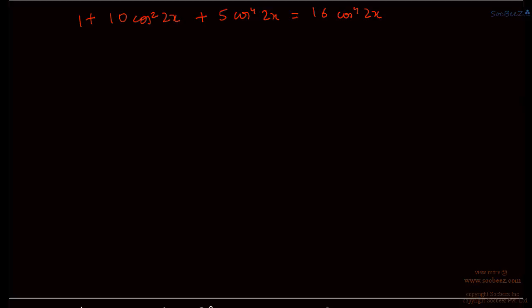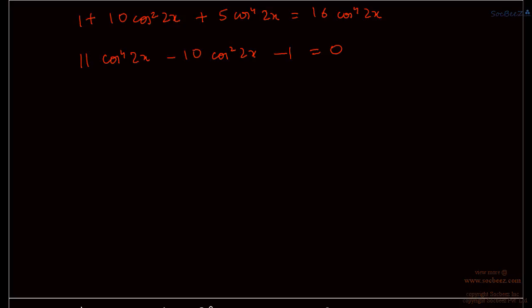I'll take all of them to the right hand side because I'll have a positive coefficient for cos power 4 2x. That is 11 cos power 4 2x minus 10 cos square 2x minus 1 equal to 0.